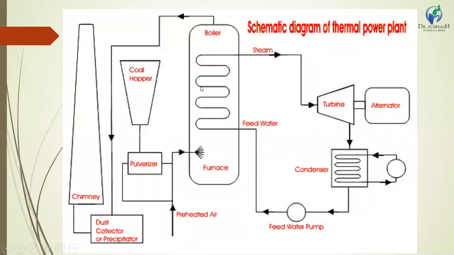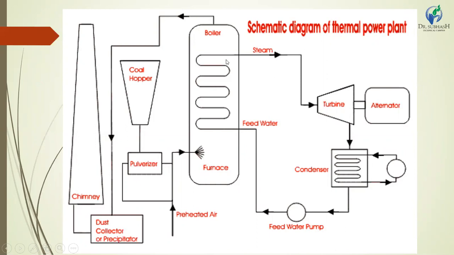This is the schematic diagram for a thermal power plant. The main equipments are boiler, turbine, condenser, pump, pulverizer, coal hopper, chimney, and dust collector. The main function of the boiler is to produce heat and convert water into steam.